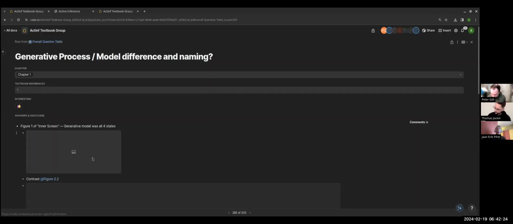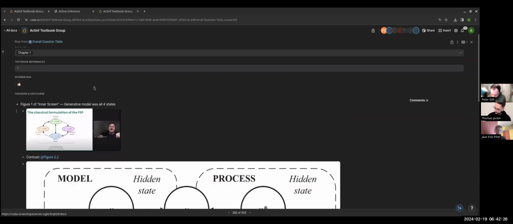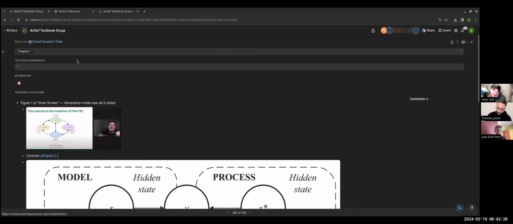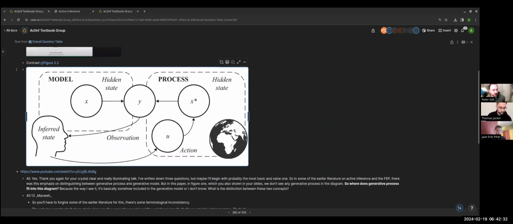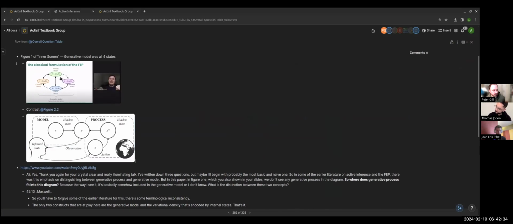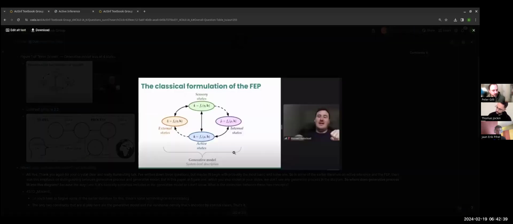Here is a very fun, late-breaking, post-textbook point: we were just looking at generative model and generative process. But later we see Ramstead and others using generative model as a system level description.